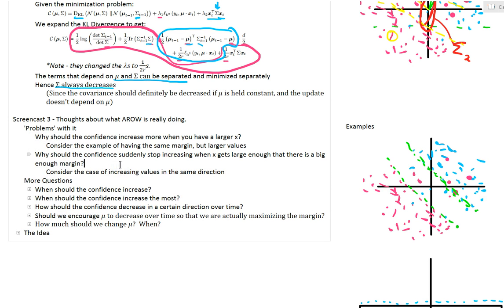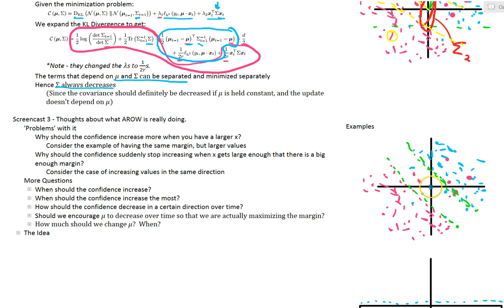Another thing is we only minimize this when the margin is greater than, or when the loss is greater than 0. So if we're on this side of the margin, the loss is greater than 0, and so we need to do an update.